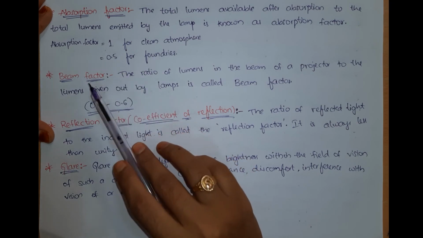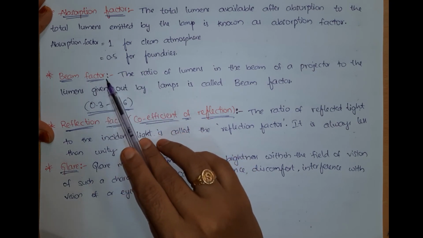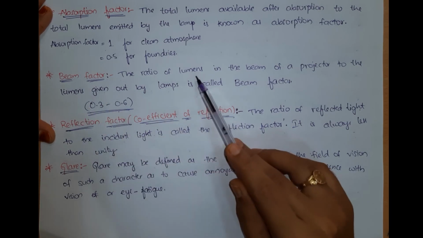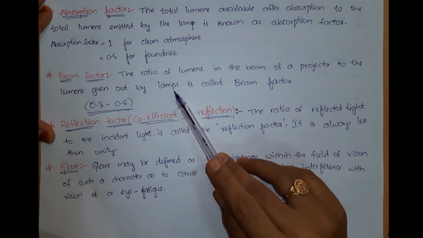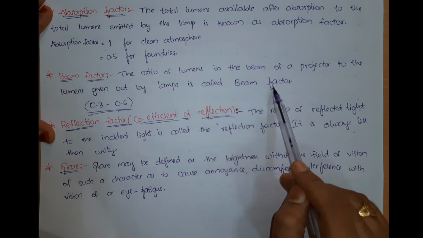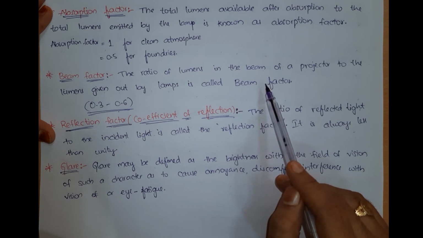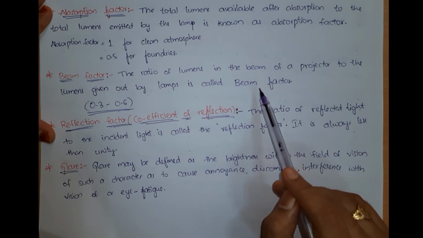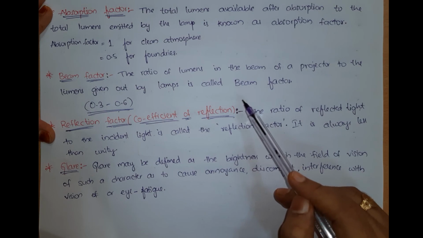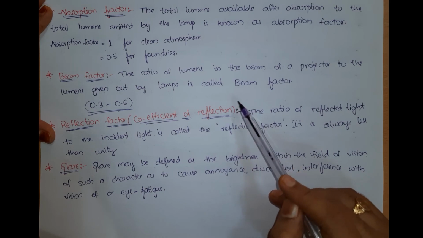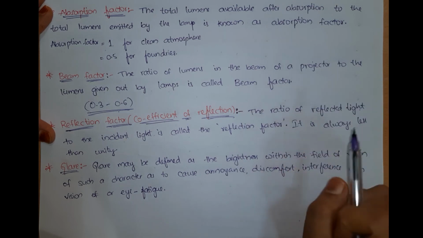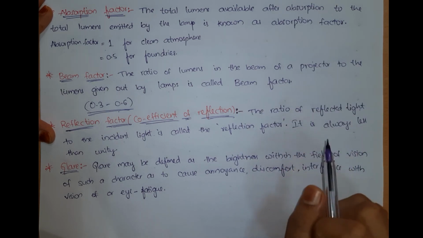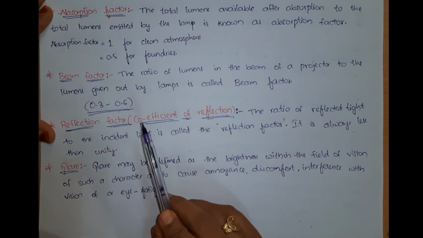Okay, next, beam factor. What is this beam factor? Beam factor is nothing but the ratio of lumens in the beam of a projector to the lumens given out by the lamp. So if a certain amount of light is emitted by the source, how much of it comes out in the beam and how much is absorbed by the reflector, that is called beam factor.